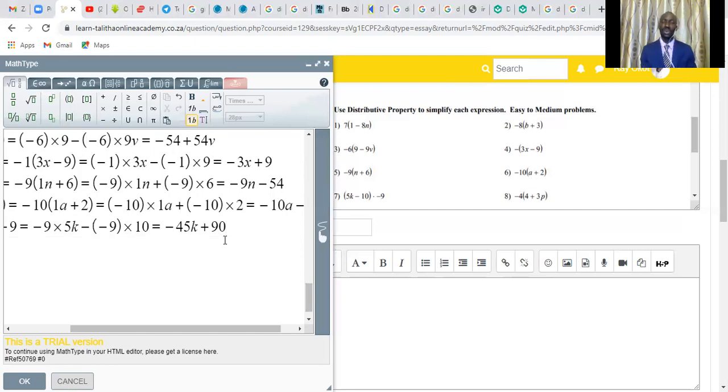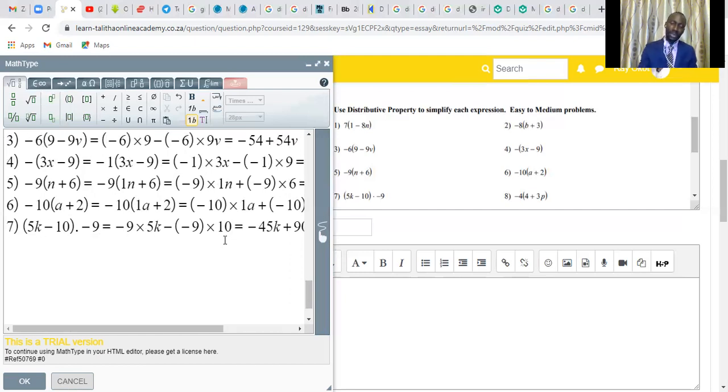Now the next thing we want to look at is activity 1 part 8. How do we simplify that? Well, we have -4 times, inside the bracket, 4 plus 3p. Same process. We want to take this -4 and distribute it onto this 4 and also onto this 3.